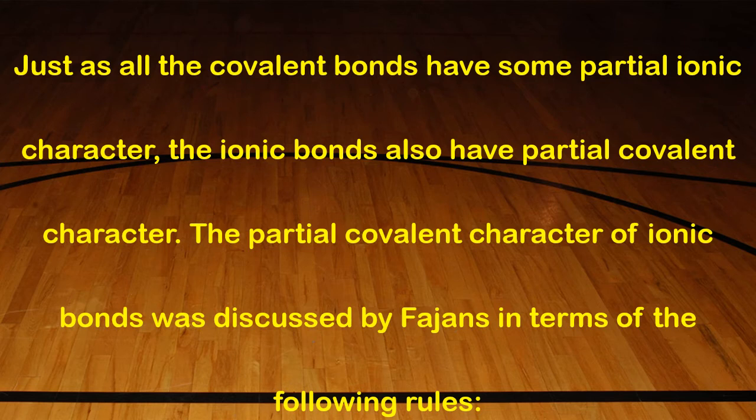An ionic bond starts developing covalent character, and a covalent bond starts developing ionic character. This is the work of Fajans. How much ionic character develops in a covalent bond, and how much covalent character develops in an ionic bond, is determined by the rules given by Fajans, known as Fajans' rules. We'll discuss them one by one now.